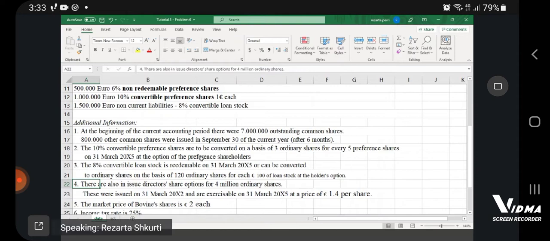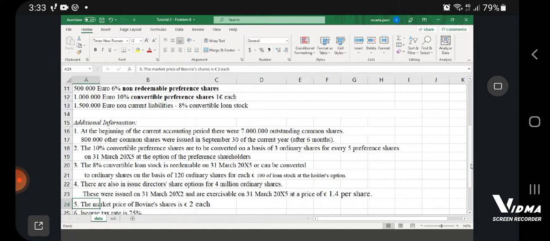So there are these options for 4 million ordinary shares. They were issued before, in 2012, and are exercisable in a future period at a price which is obviously lower than the market price. Market price is 2 euro, whereas the exercise price of the options is 1.4 euro per share.